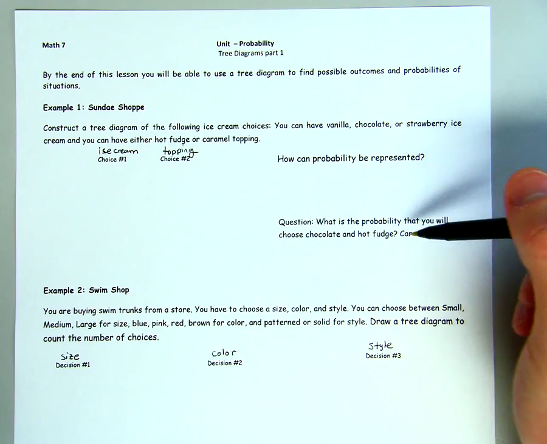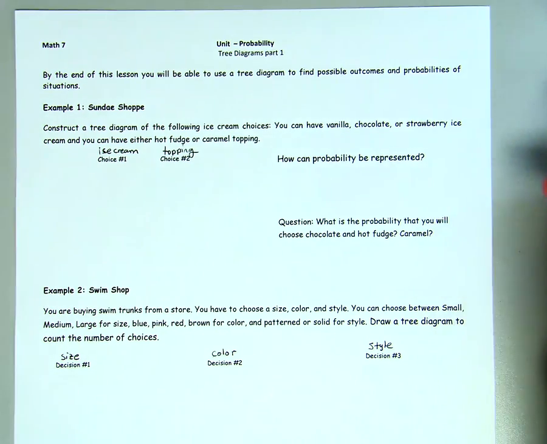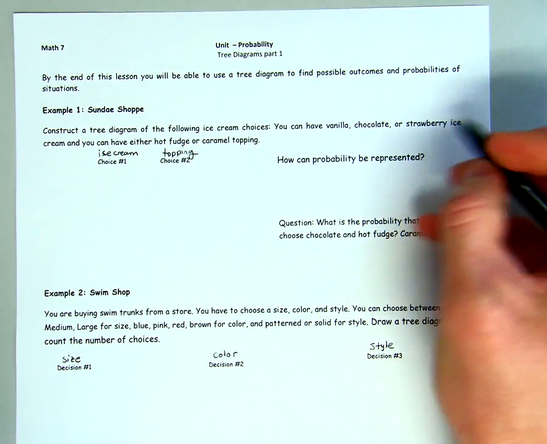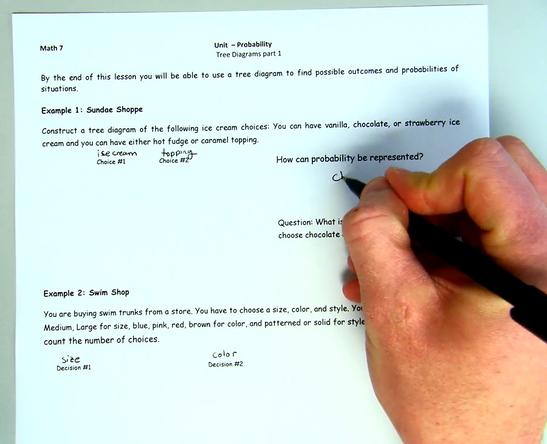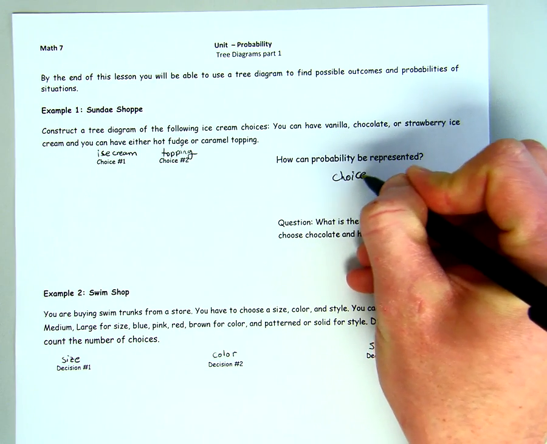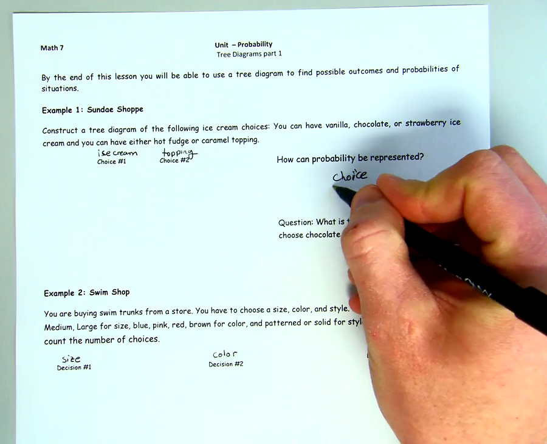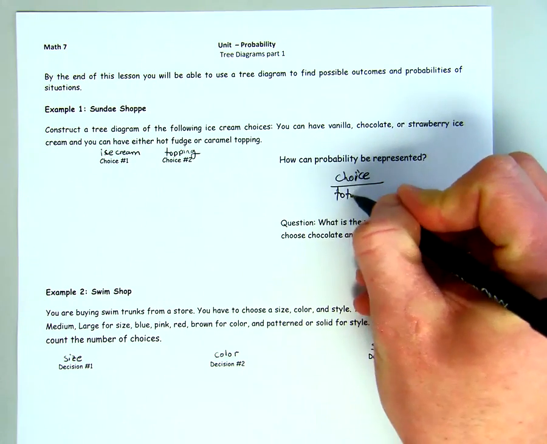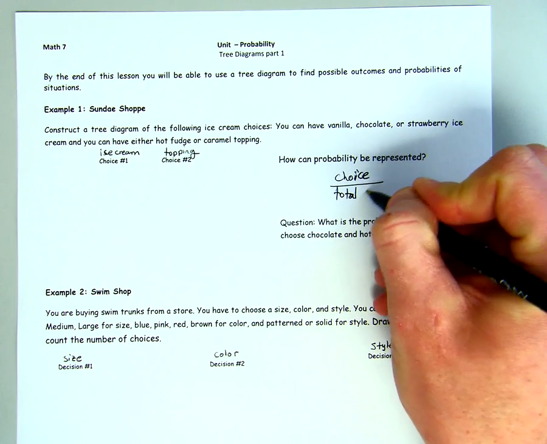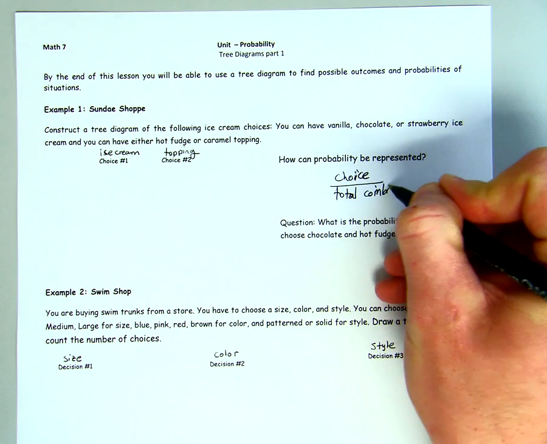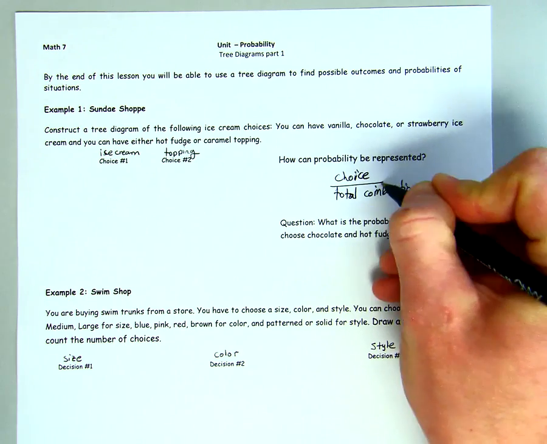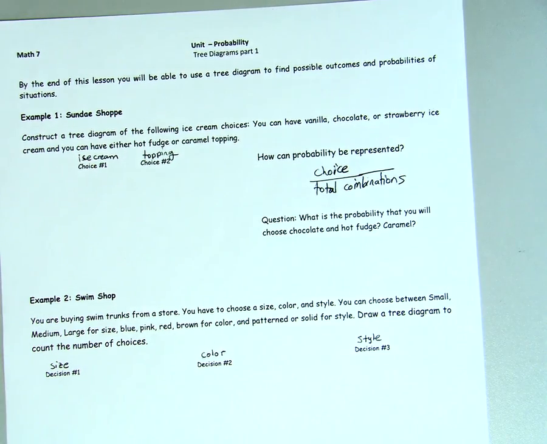I would say your choice of ice cream and topping over your total combinations. And our tree diagram is going to help us figure out our total combinations as well.